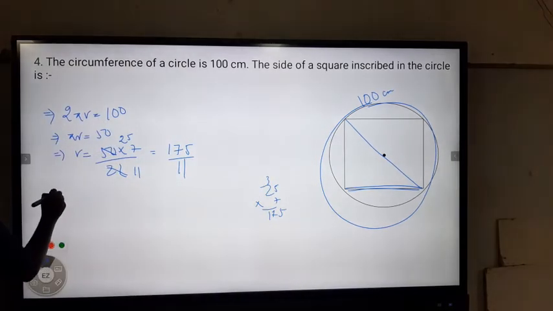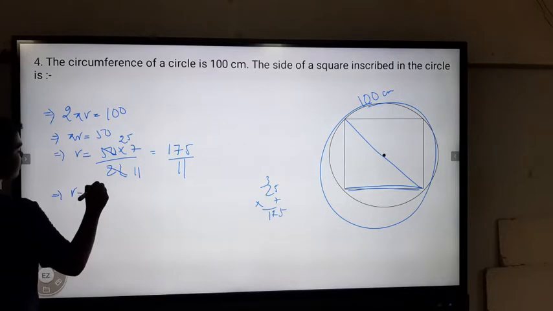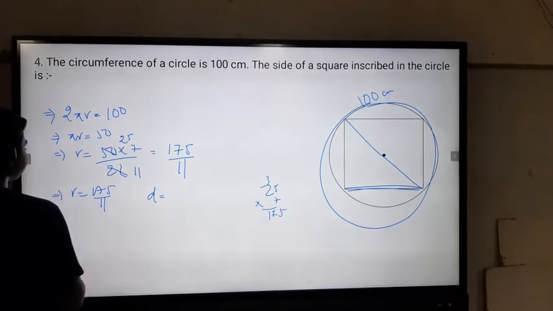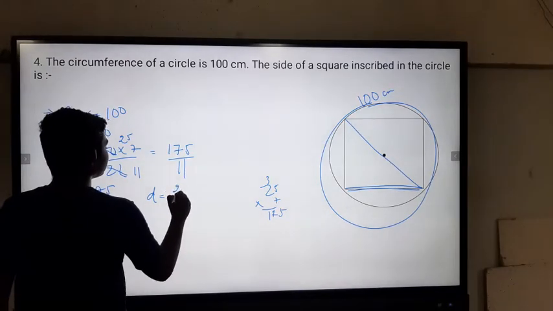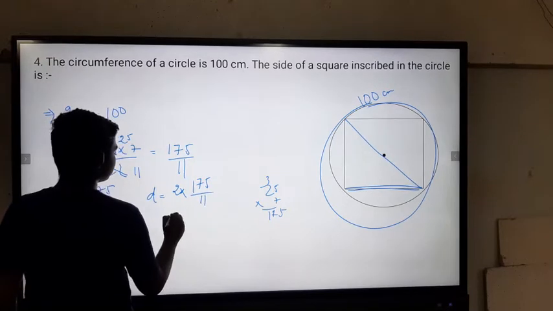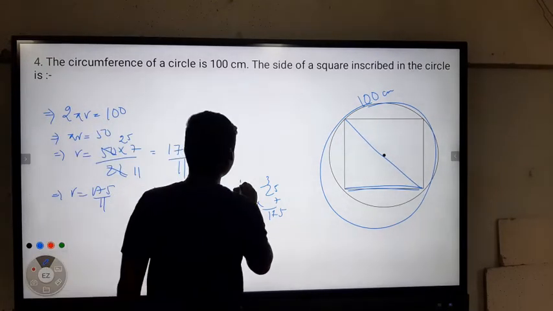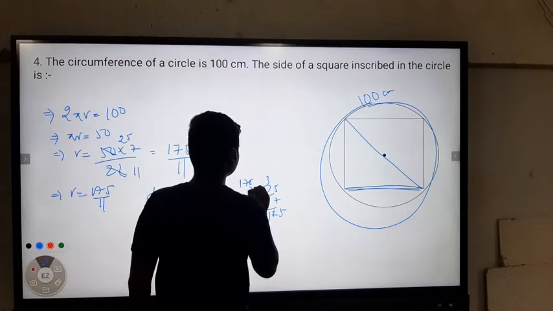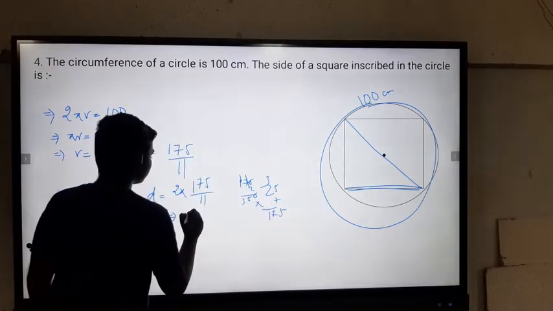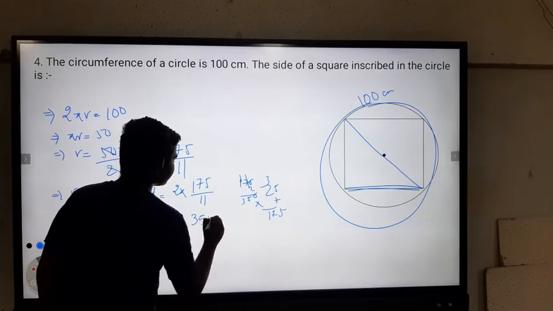So your diameter will become 175 into 2, so it becomes 350 by 11.